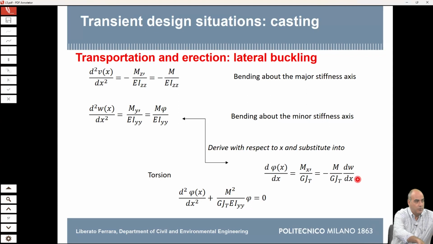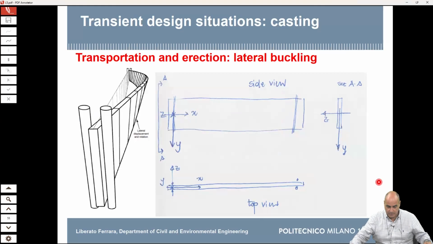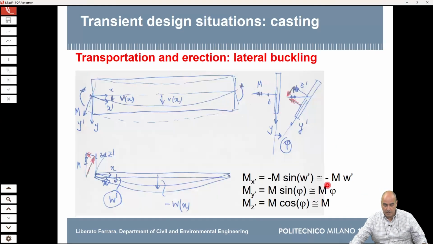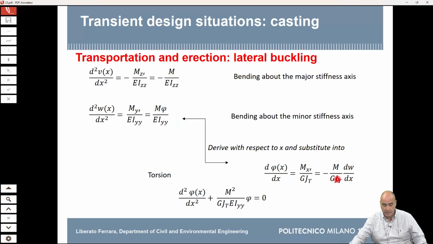It's like if you pick up this rectangle and compute the moment of inertia with respect to an axis which goes this way. The other two moments you compute with respect to axes which are in the plane of your rectangle. Mx prime is equal to minus M w prime, and this is what is written here.